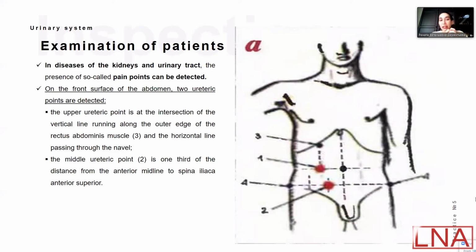The upper ureteric point is at the intersection of the vertical line running along the outer edge of the rectus abdominis muscle and the horizontal line passing through the navel. And the middle ureteric point is at 1/3 of the distance from the anterior midline to the spina iliaca anterior superior. So the upper ureteric points and the middle ureteric points.